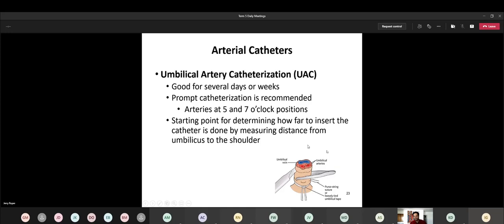But if you do get a catheter inside of either the vein or one of the arteries, then you could use that as your access port. You can get blood from those sources for at least about a week. And then after that, for infection control reasons, it'll have to be taken out.